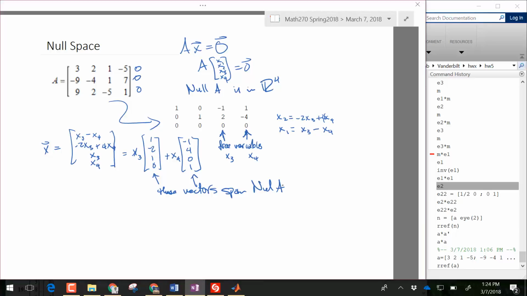So we can't say a non-vector is linearly dependent on other non-vectors. The variables x3 and x4 are free, but they're not vectors. So we don't look at it that way. Good question. Anything else?